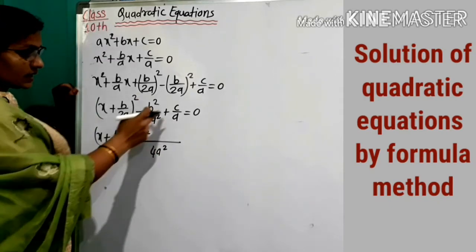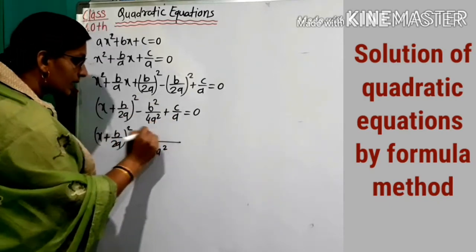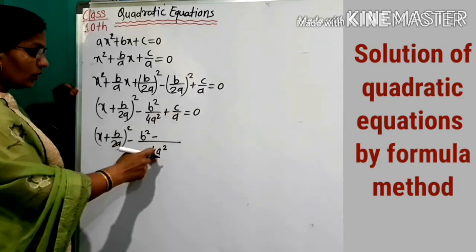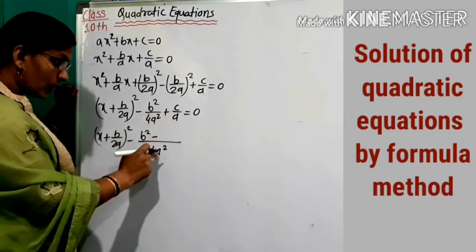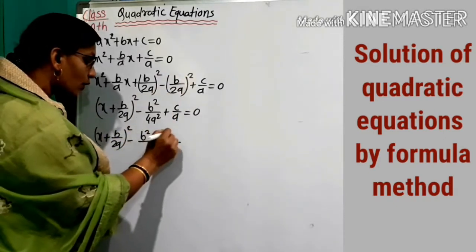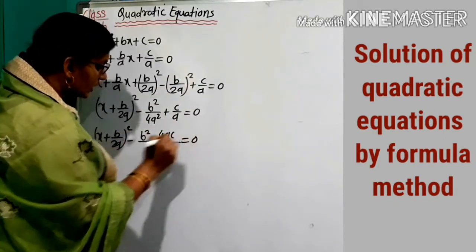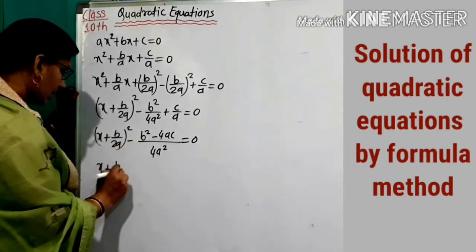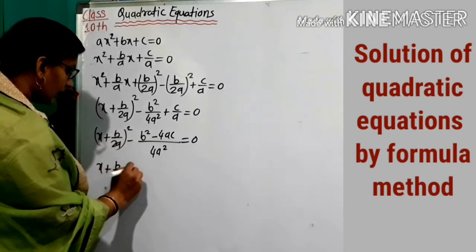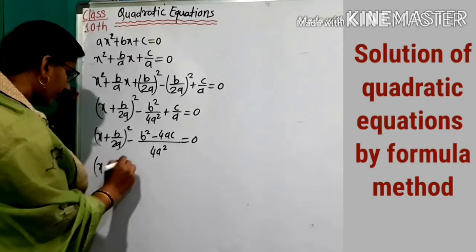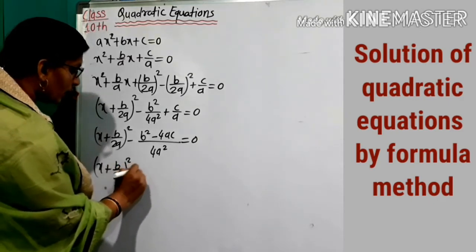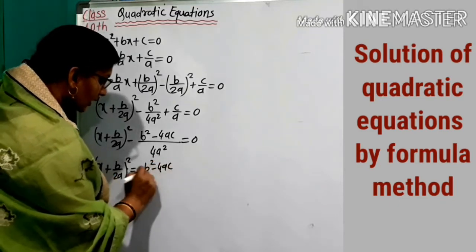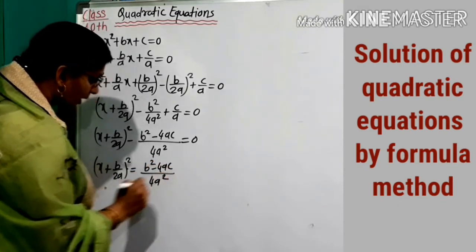Here minus sign is taken, so divide 4a square by a, we have 4a, 4a into c, that is 4ac, equal to 0. And therefore x plus b upon 2a bracket square is equal to b square minus 4ac upon 4a square.